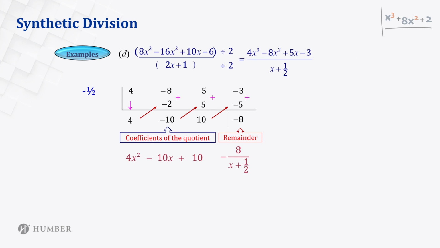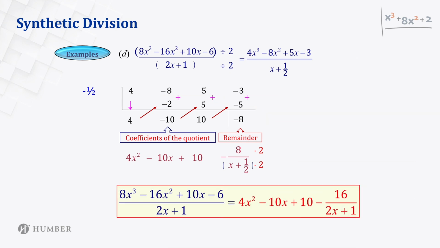However, the remainder part is not in the correct form because the original problem had a divisor of 2x plus 1, not x plus half. We can solve this issue by multiplying both the top and the bottom by 2. Then we get 16 over 2x plus 1. This gives us the correct answer for this problem as shown.